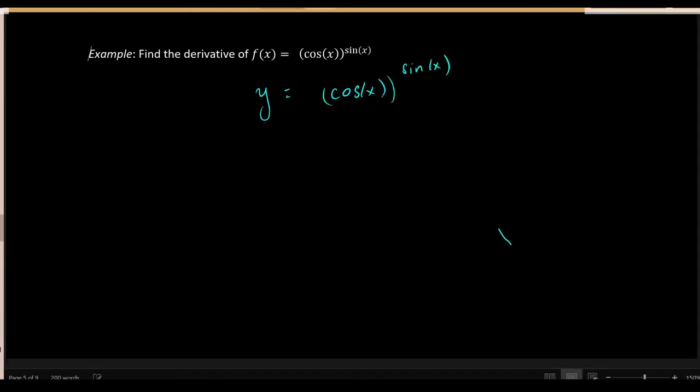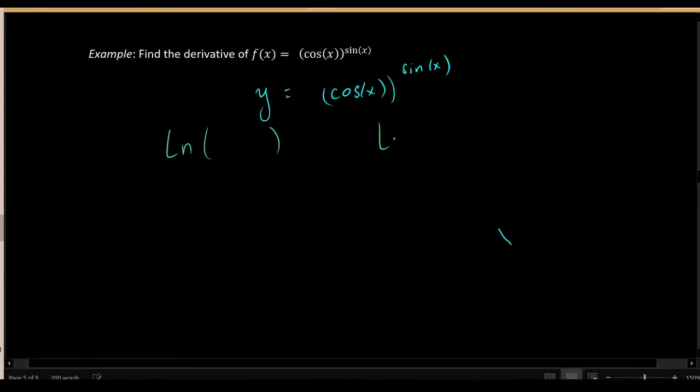And then I'm going to apply the natural logarithm to both sides of this equation. So natural log of cosine of x to the power sine x.